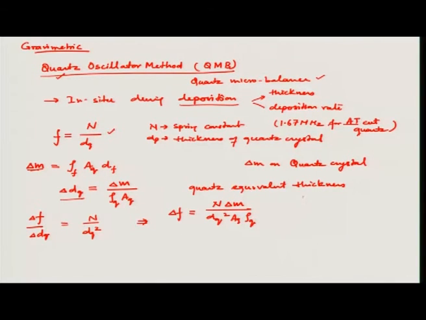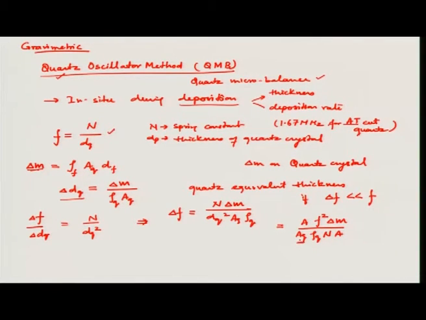And if delta f is much smaller than f, the frequency, we can also convert this. This N over dq square we can write as N square over dq square divided by N. So, we can write this as A f square delta m divided by Aq rho q N into A. So, this is the area of the crystal now.